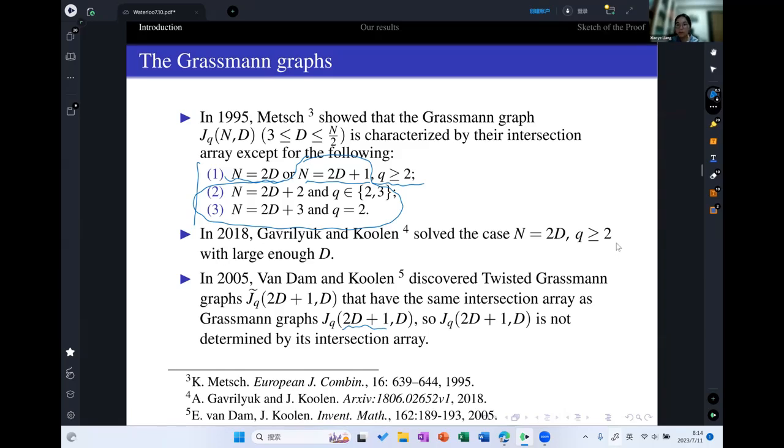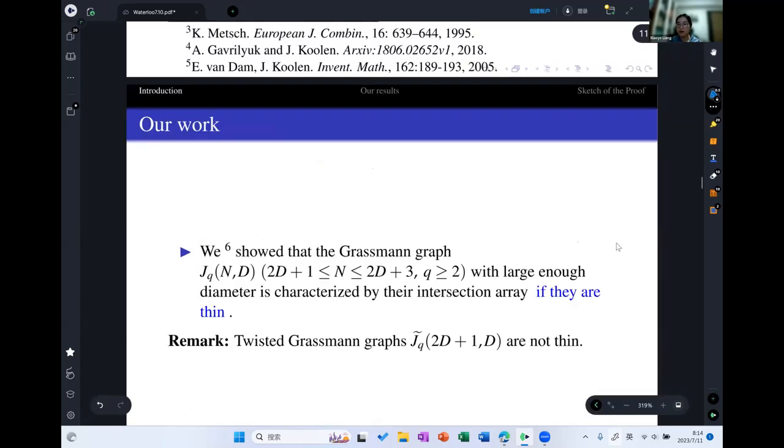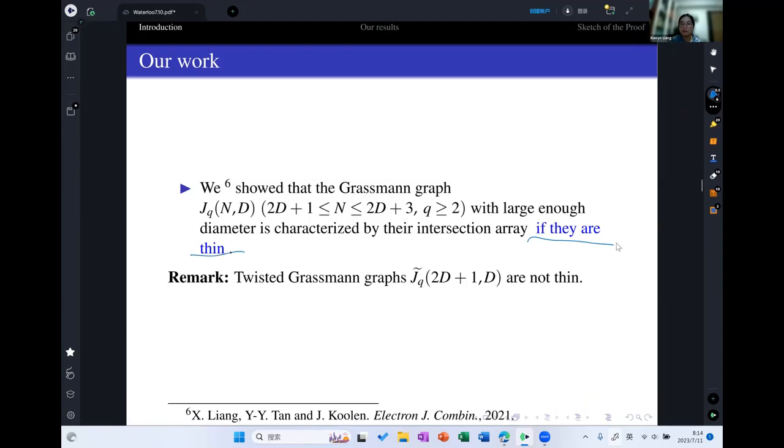So we solve Grassmann graphs under a condition that they are thin, because twisted Grassmann graphs are not thin. I will introduce the concept of thin later. So this is what we want to do.